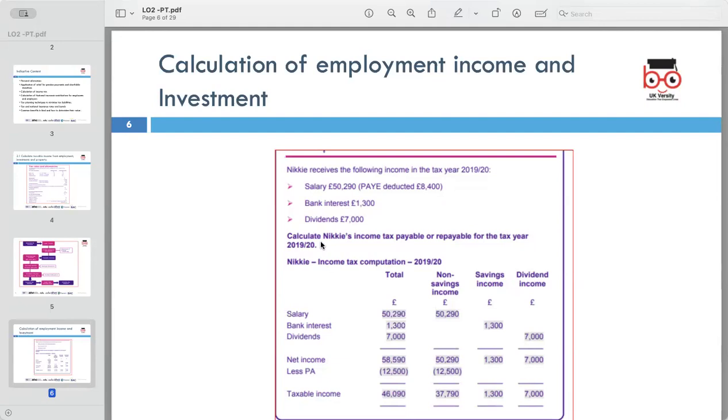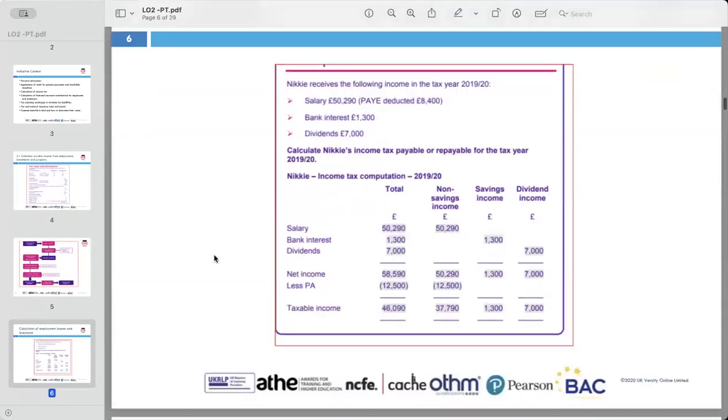So after applying these tax rates to Nikki's taxable income, we can determine her total income tax liability for the tax year 2019, which is 46,090 pounds taxable income in total.